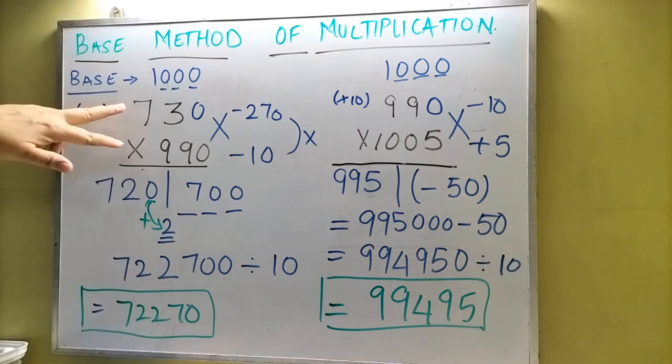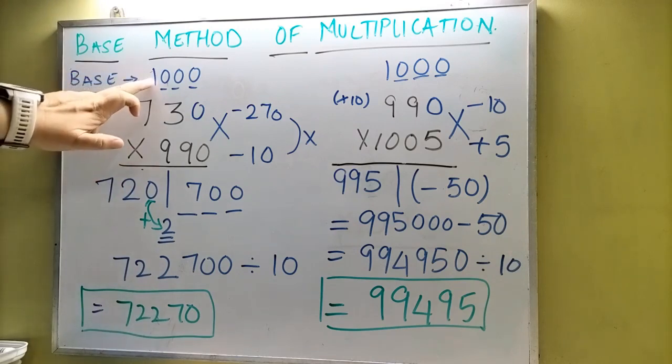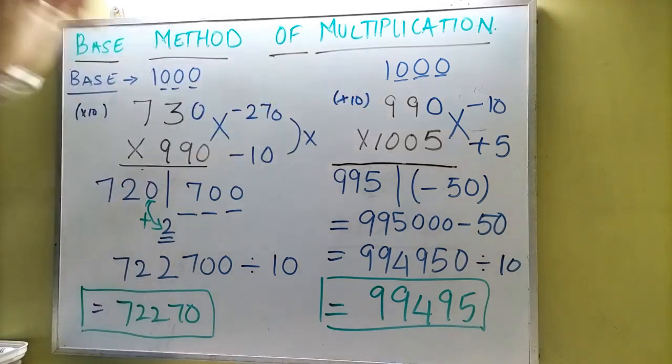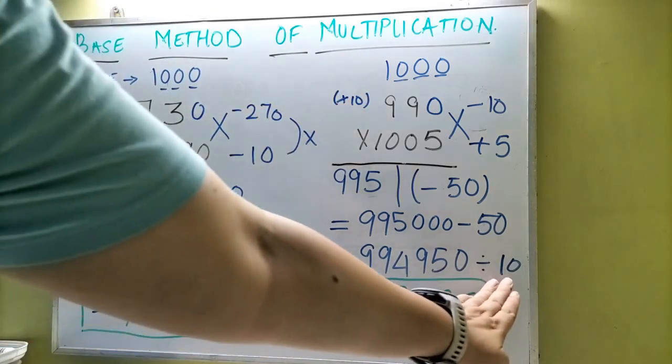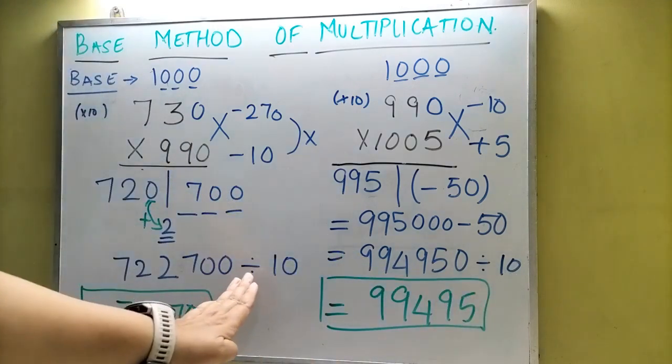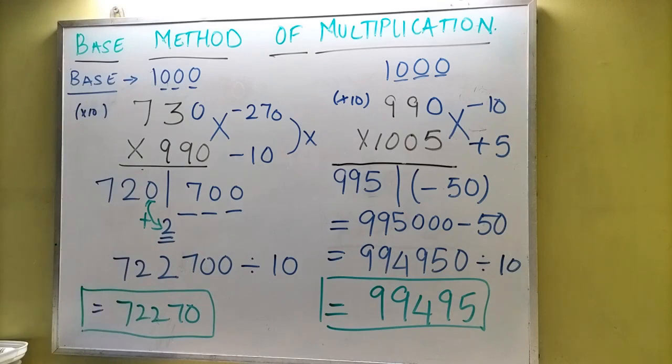It was just for ease of calculation, so that I am able to solve it with the help of the same base in both cases, and then later on I have divided my answers to get my final answers in both cases by 10. So in mathematical terms I have balanced it.